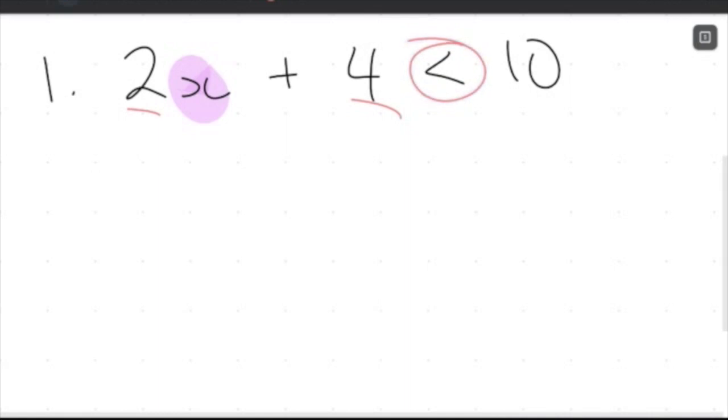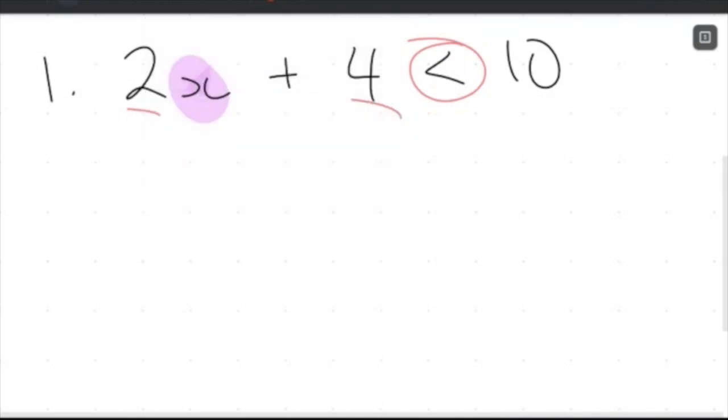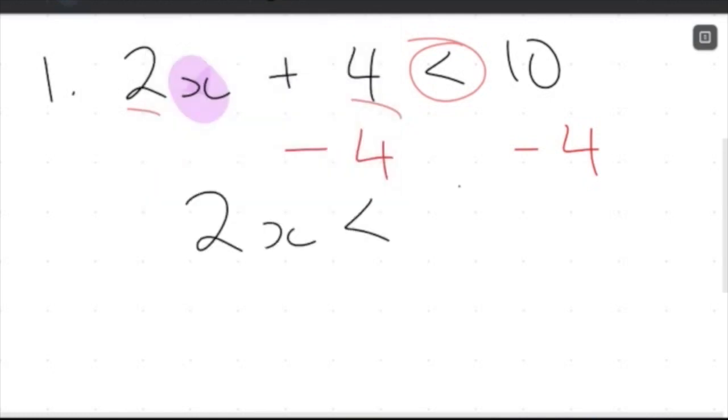In the same way as solving equations systematically, we can look at the last thing that was done to the x, and work our way backwards to isolate our value of x here. So I notice that 2x, when 4 is added to it, I get something less than 10. That means that before the 4 was added, when we take this reverse step, 2x was less than 6.